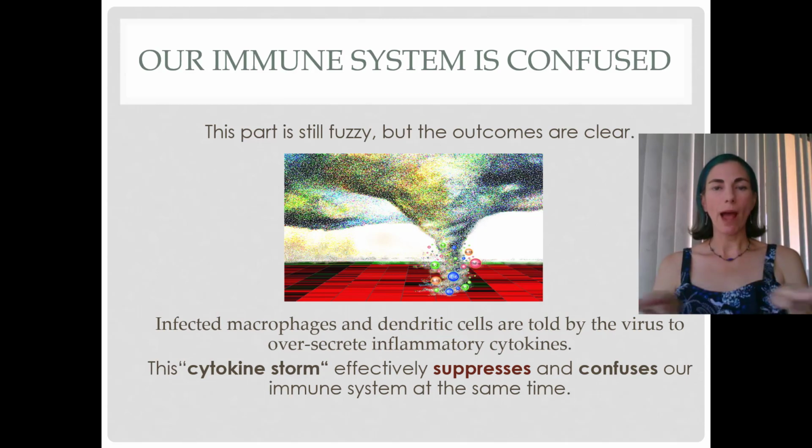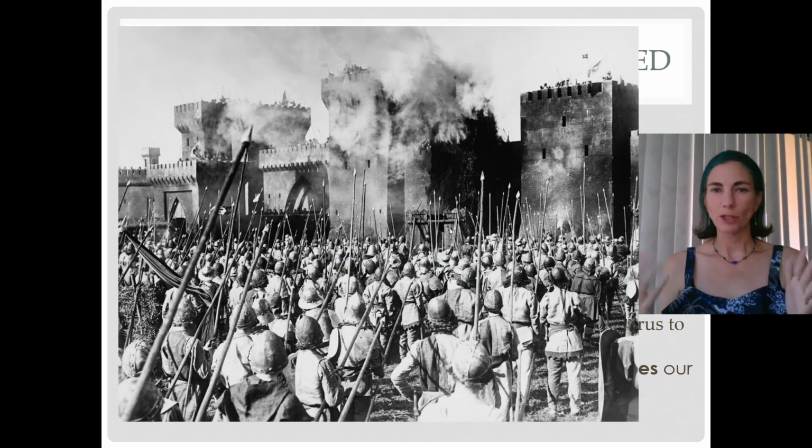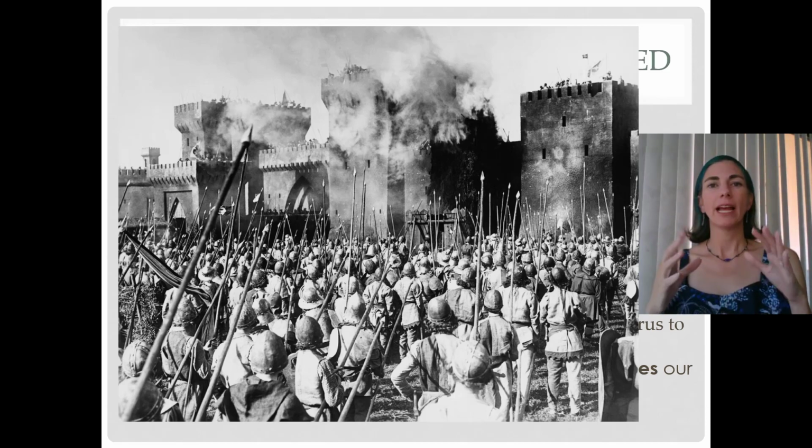Imagine that you have an army of 1,000 people. We'll do a prehistoric army, and all of these people have 20 spears in their possession. The goal of this army is to storm a castle.